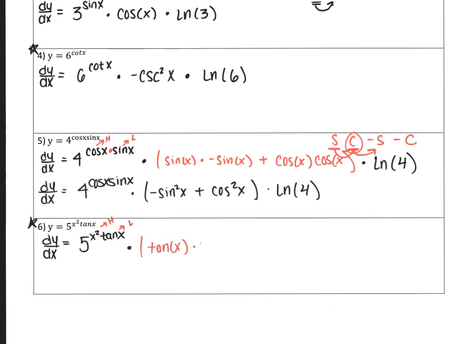The derivative of x squared is 2x, so low d high, plus high d low. The derivative of tangent, you might want to look that up, is secant squared of x. And then don't forget to multiply it by ln of the base, so ln of 5. And that's good enough for me. That's your final answer.